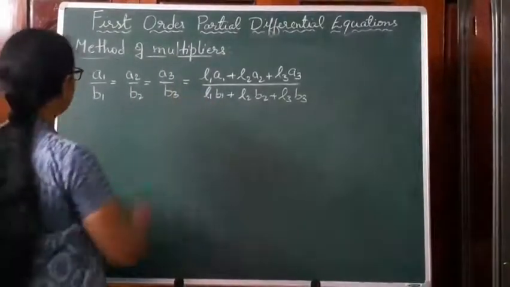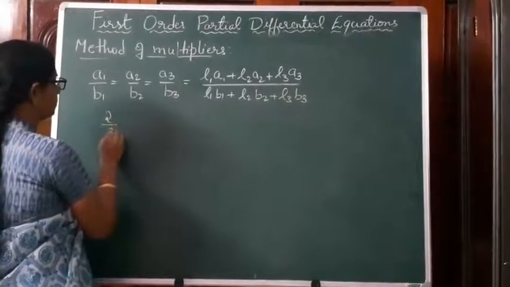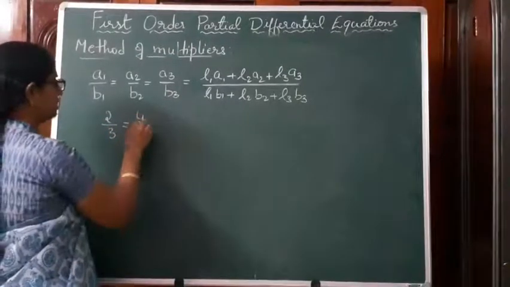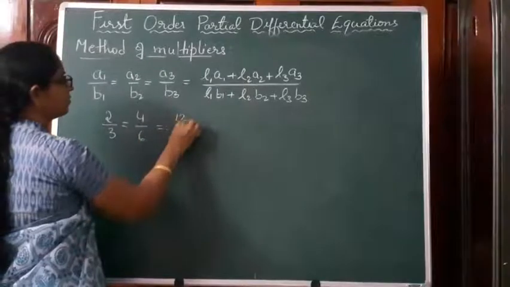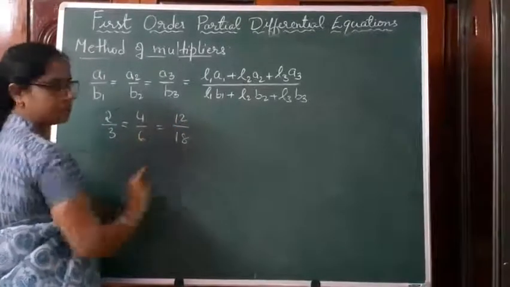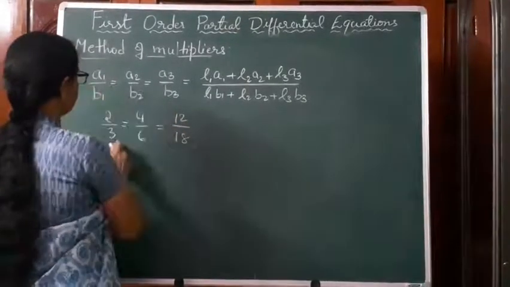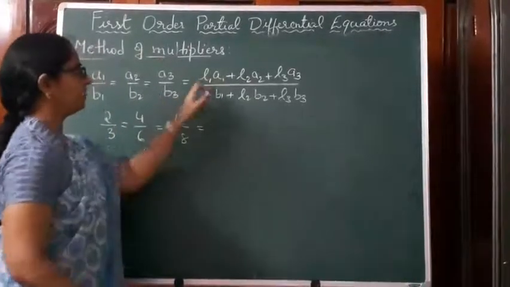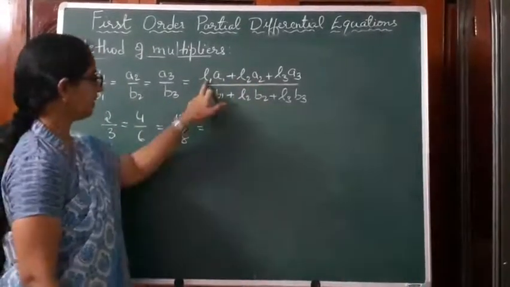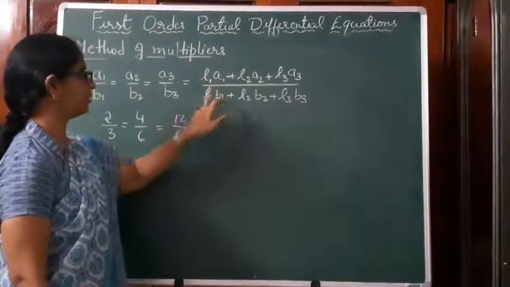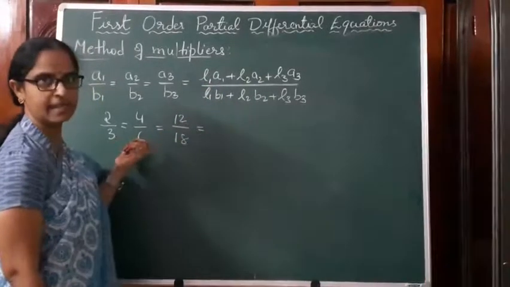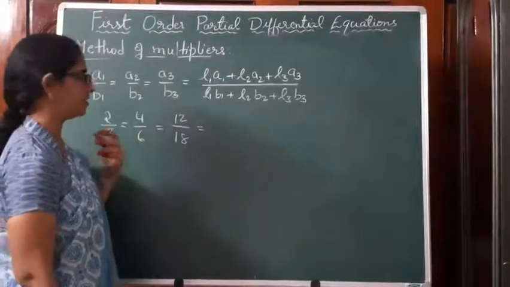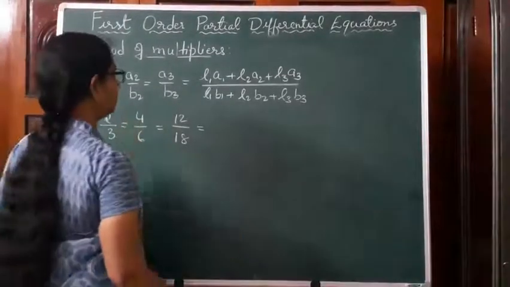So for example, I take a1 by b1 as 2 by 3. 2 by 3 is equal to 4 by 6 and it equals 12 by 18. All three ratios have the same value. Now choose any set of L1, L2, L3. Then the ratio of these combinations is again equal to the same fraction.